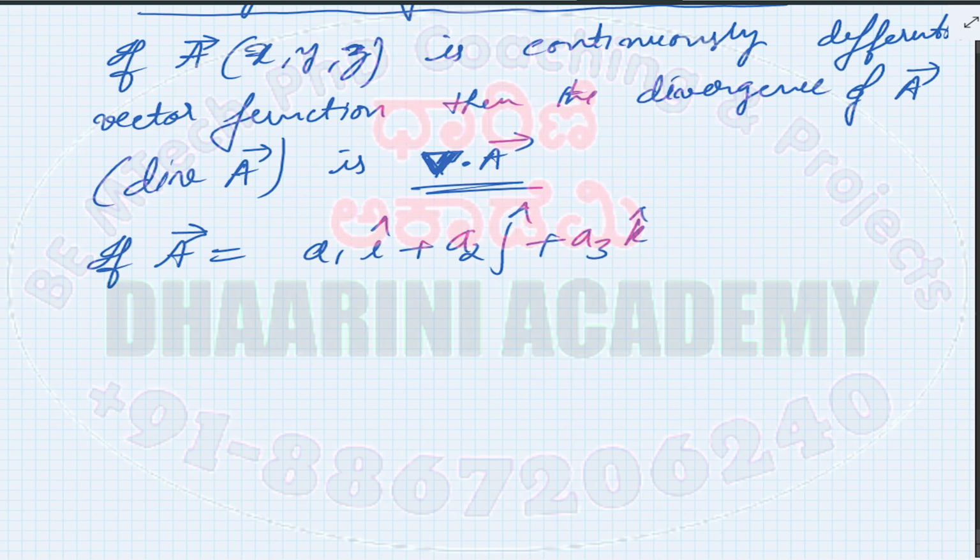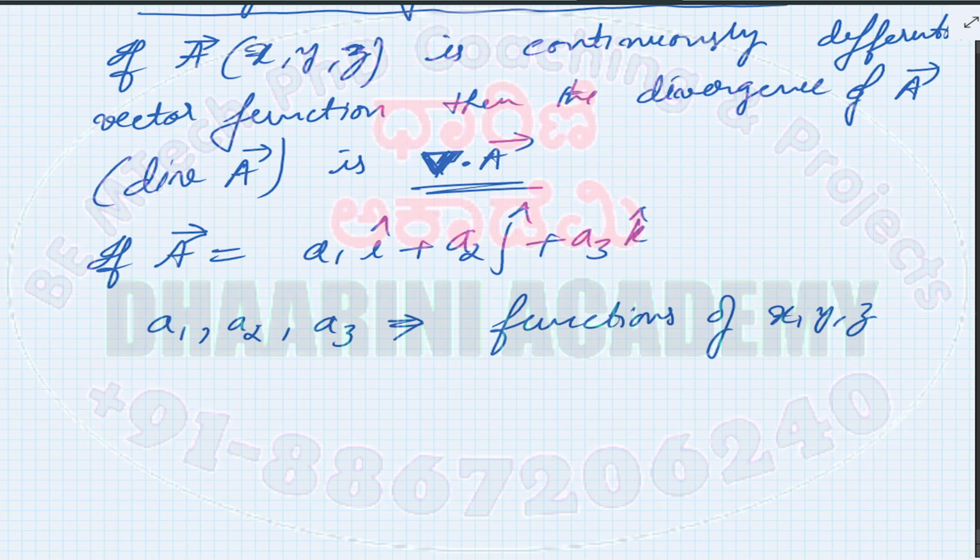We know that if we represent a given vector in this notation, a1, a2, a3 are functions of x, y and z.